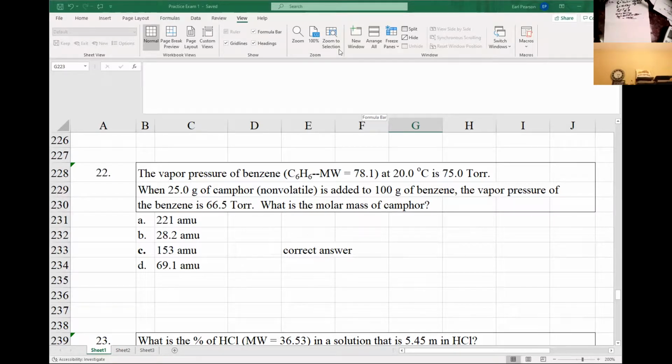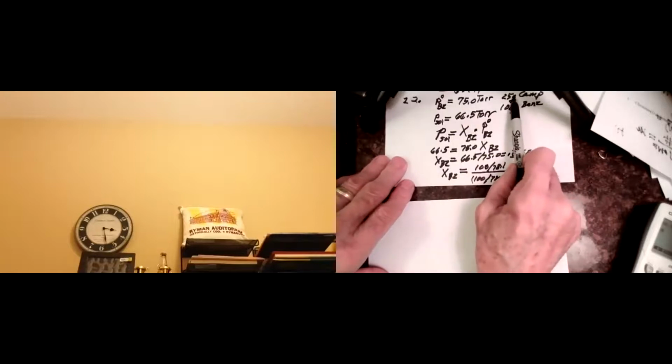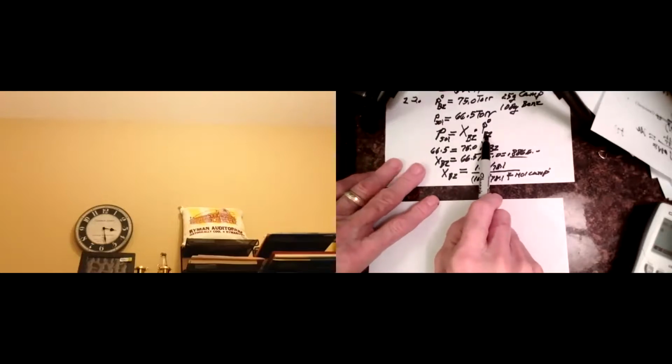Okay, so let's stop the share so you can see what we're doing. What we've done is we're given the pressure of the pure benzene, the number of grams of camphor, the number of grams of benzene, the pressure of the solution. So this is a relationship, Raoult's law: pressure of the solution equals mole fraction of benzene times the vapor pressure of benzene.